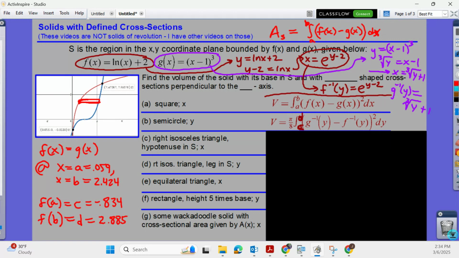Sorry, cramming it in here. But if you define these in your work, then you can use them. You can use g inverse of y and f inverse of y as you write it out.